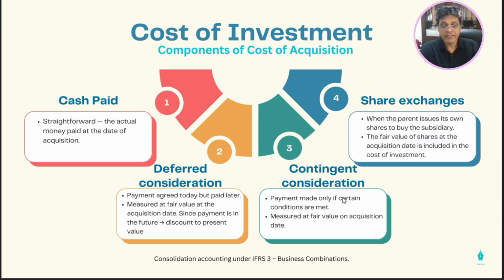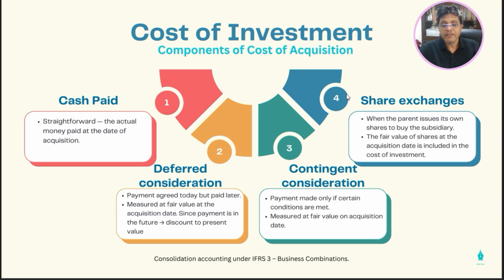For example, a company can agree to pay 100,000 US dollars upon achieving a sales target. That possible way can also be given to identify the cost of investment. This is also measured at fair value on the acquisition date.